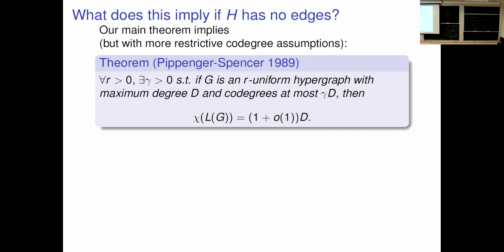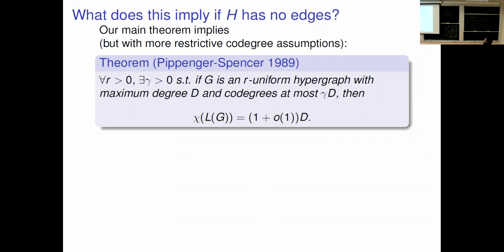Yes, it's related to the matching number, which I didn't define, but it's the analogous thing to the independence number, the size of a largest matching. So you could rephrase all of this and think about finding a large matching in some R-uniform hypergraph with bounded codegrees. There are various versions of this theorem.